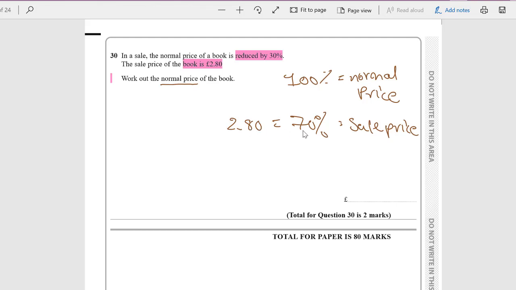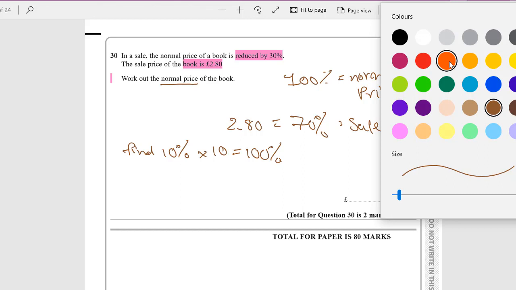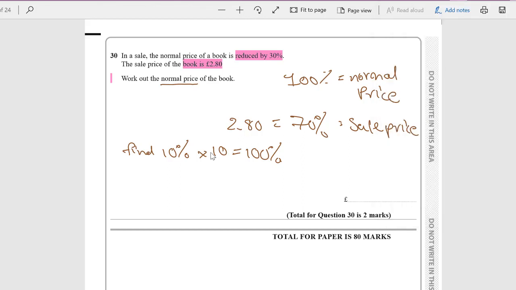So what we can do is we can find 10%. So let's find 10% and then multiply by 10 to give us 100%. So we know that £2.80 is 70%.